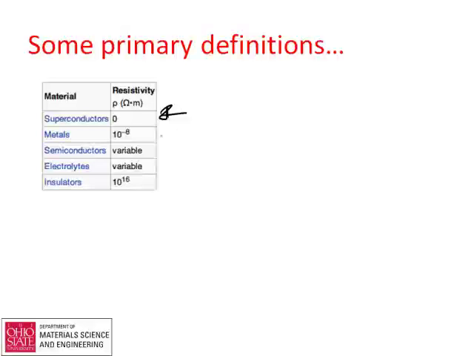Metals are in this range, about 10 to the minus 8. Semiconductors and electrolytes are variable, much lower. Insulators are orders and orders of magnitude higher. So you're looking at a difference of on the order of 20 orders of magnitude. So they're completely different. It's true that insulators can conduct a little bit of electricity, but very, very little.